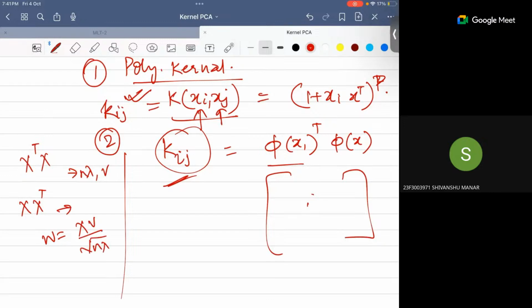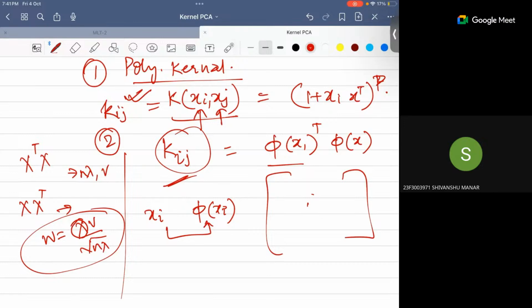If we are taking n lambda, this we already know. What we are changing here is the whole data set, we are just changing it into some transformed value. If I had xi, now I have phi of xi. This is what I am changing now, correct?